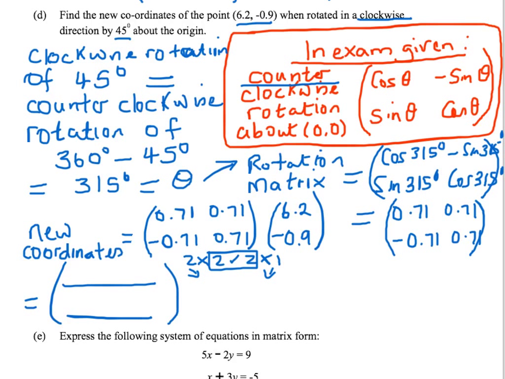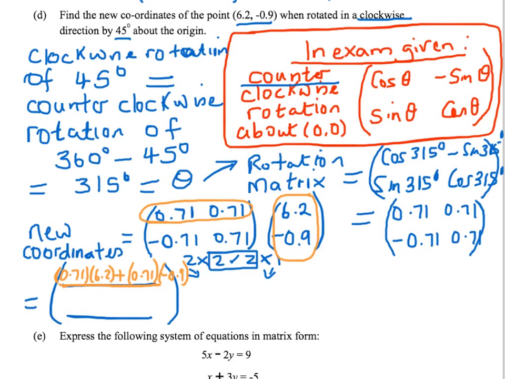Now for the first entry, in the first row, first column, I take the first row of the first matrix and multiply it by the equivalent entries in the first column of the second matrix. So it'll be 0.71 multiplied by 6.2, and I add it to 0.71 multiplied by, the last value is minus 0.9.